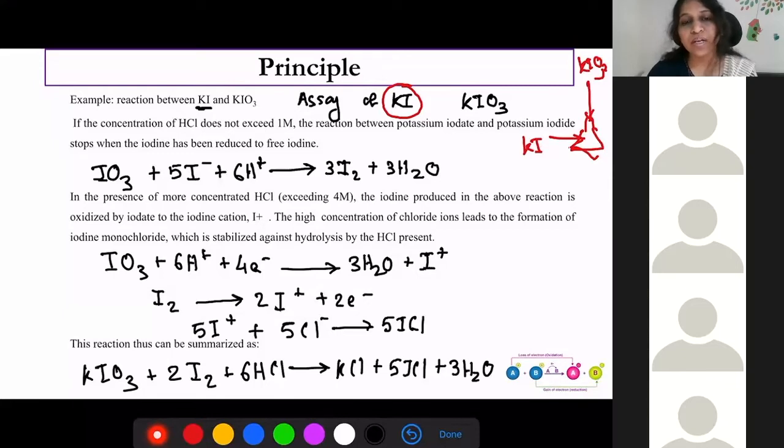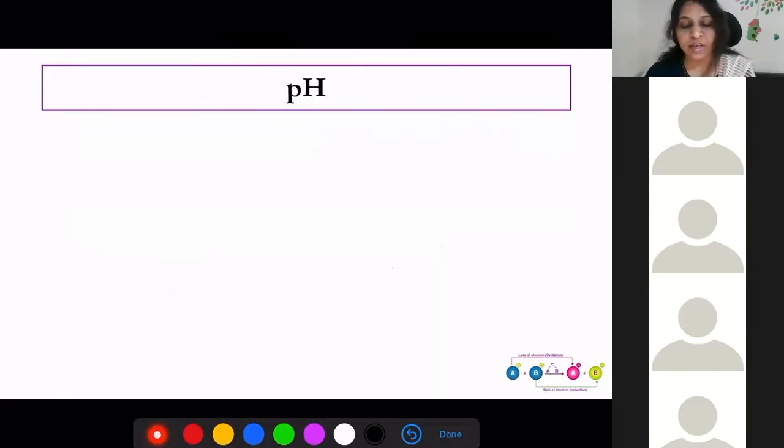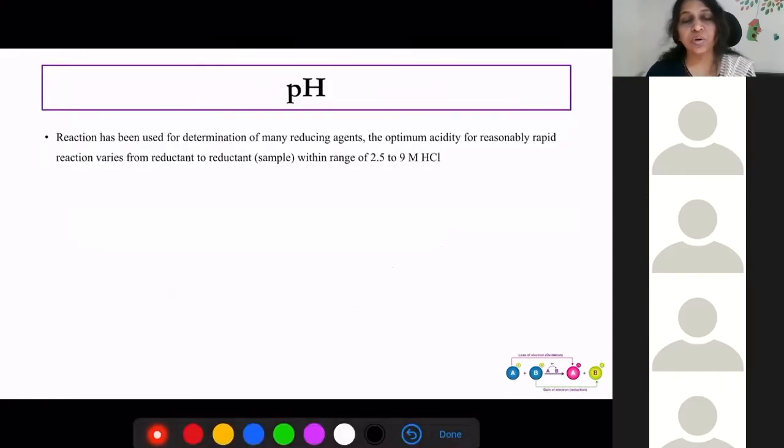So I need to provide a sufficient H+ ion concentration, more than 2.5 molar, so that the reaction will go to completion. Therefore the pH is always maintained extremely acidic and the molarity of the HCl used is between 2.5 to 9 molar, depending upon which assay you are doing. And hence, the HCl used for assays done with iodate titration is usually concentrated HCl.